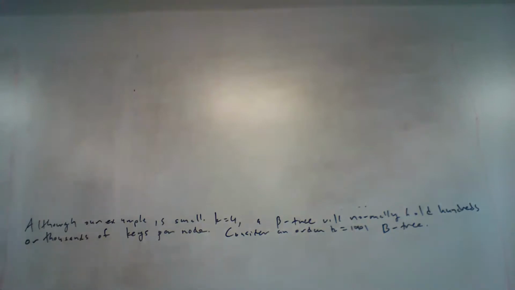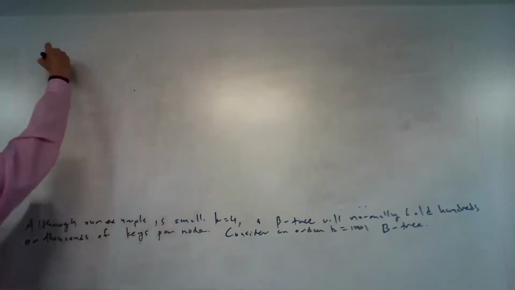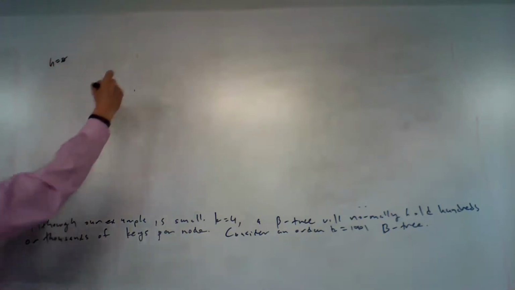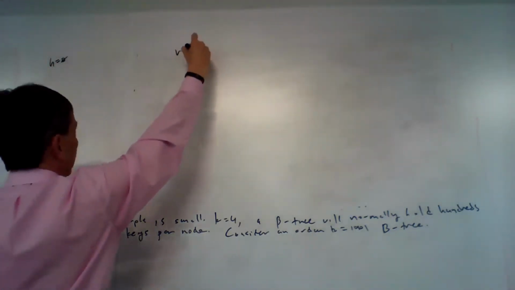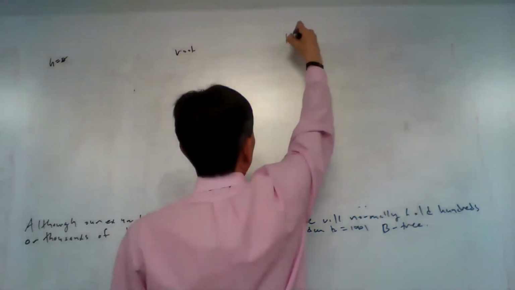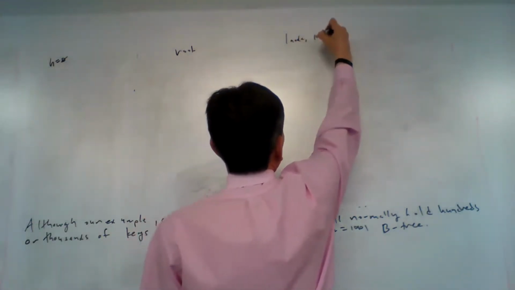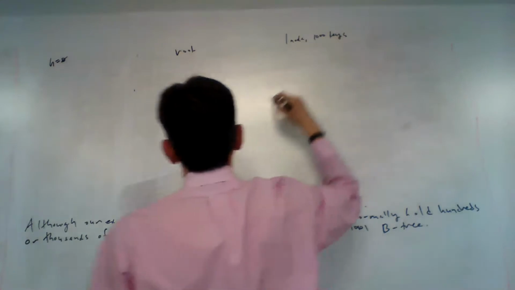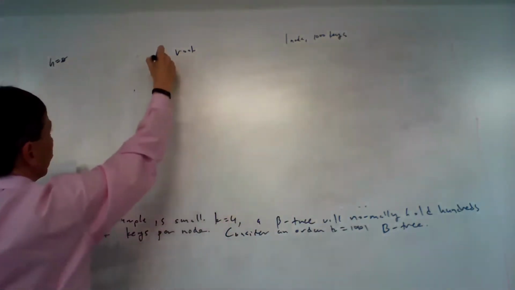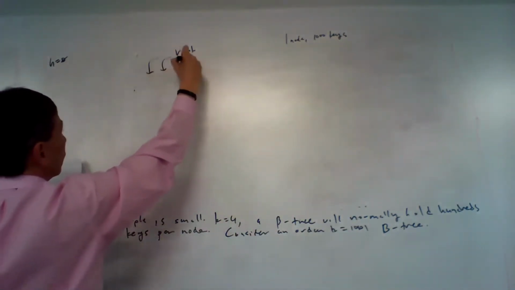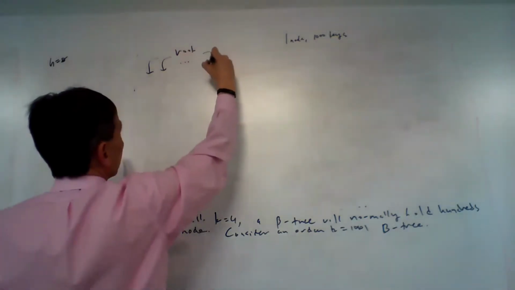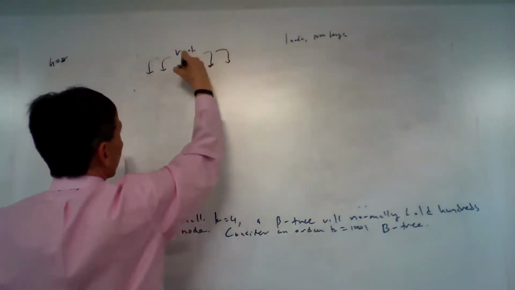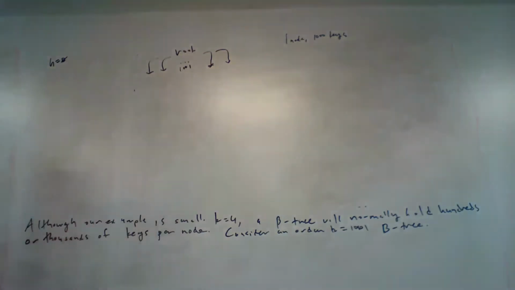So if the tree was completely full, how many values could we store? Well, I'll call it h equals 0, so we have the root, which is one node, 1,000 keys, right? Underneath here, we have 1,001 child nodes.